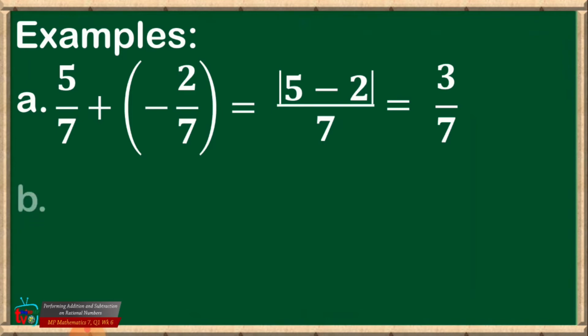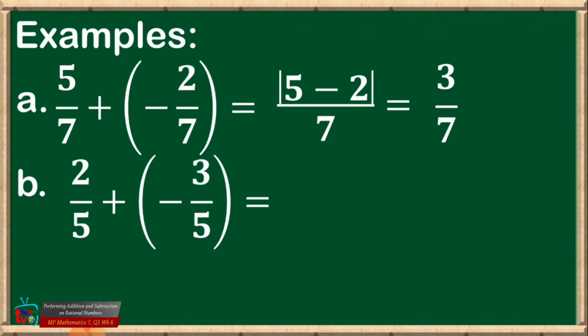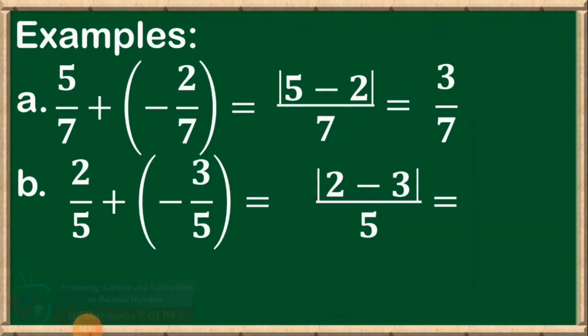Okay, letter B example. 2/5 plus the quantity -3/5. Again, we will subtract the numerators and then get the absolute value and then copy the common denominator. After carrying the common denominator, we will carry again the sign of the fraction with the greater value.